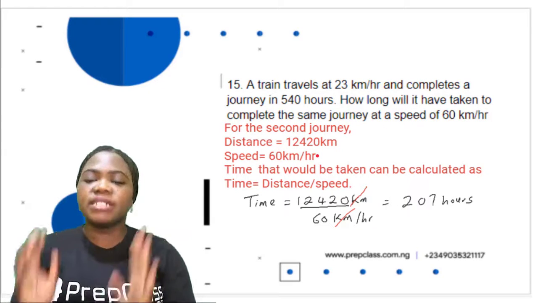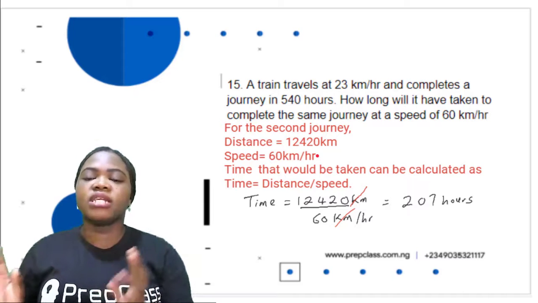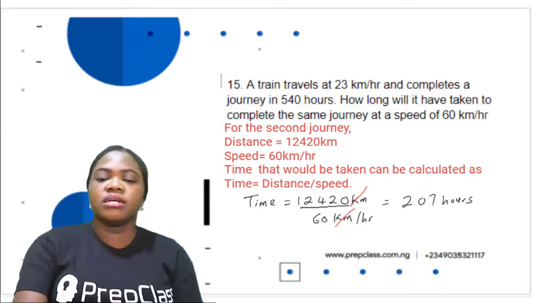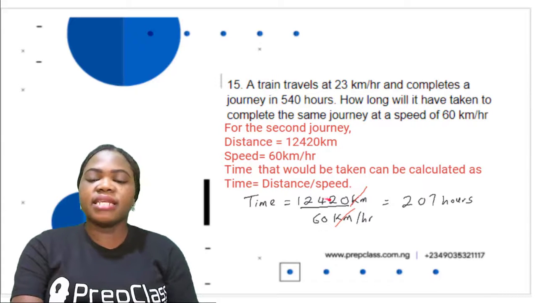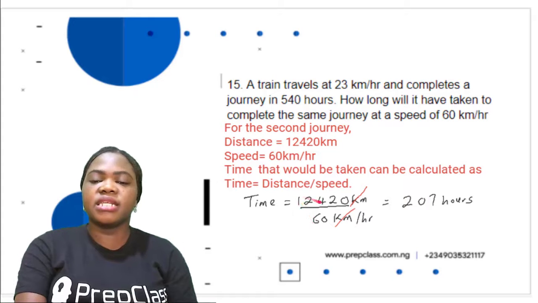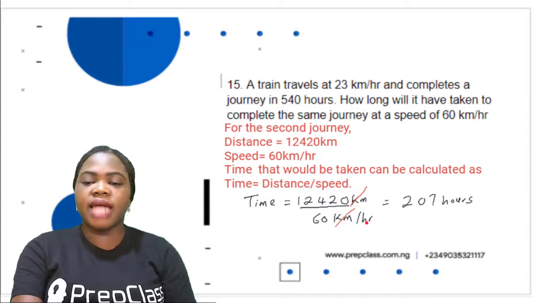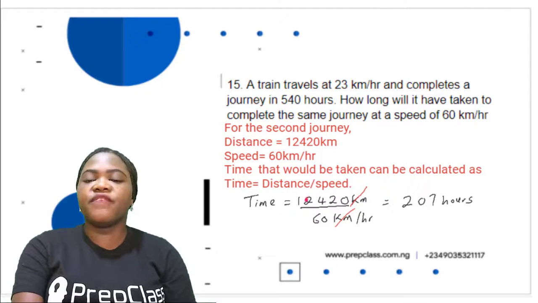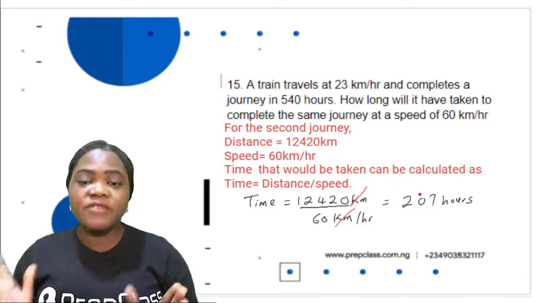The time taken can be calculated using the formula time equals distance over speed. So the distance is 12,420 kilometers, then the speed is 60 kilometers per hour. Kilometer cancels kilometer. And when we divide 12,420 by 60, the answer is 207 hours.